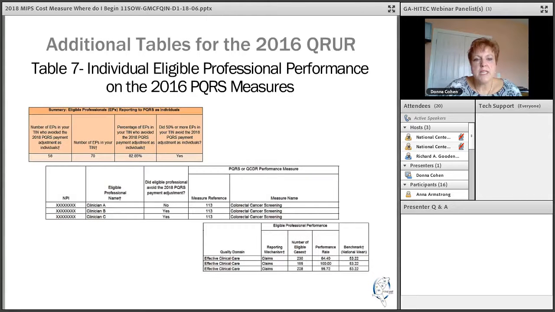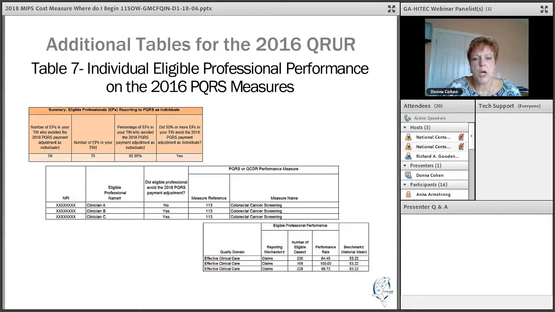So Table 7 is the individual professional performance on the 2016 PQRS data. So if you have pulled your PQRS feedback report from 2016, this is much like the data that you would see in your PQRS feedback report.